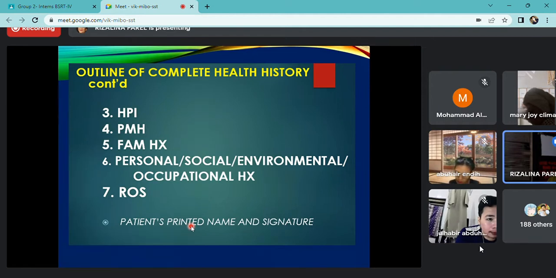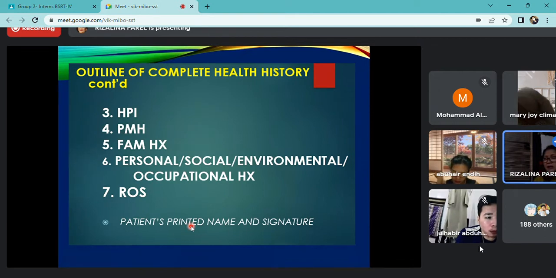And the seventh is the review of system. For the review of systems, you have to write down the pertinent positive and negative symptom from the CNS, cardiovascular system, from the respiratory system na hindi na-mention doon sa chief complaint, and then from the gastrointestinal tract system, genitourinary tract system, and also sa musculoskeletal system.